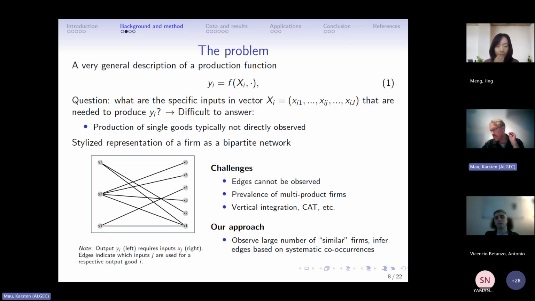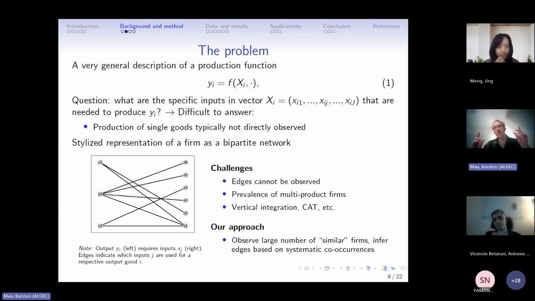And the trick is basically to get data sets or a large number of observations of similar firms that export similar goods so that we can also look systematically at their import baskets. So the larger, of course, the sample, the more certainty we can ascribe to these co-occurring patterns.